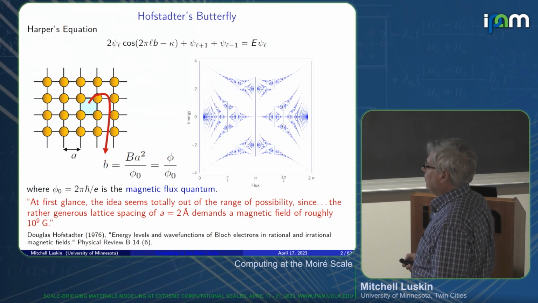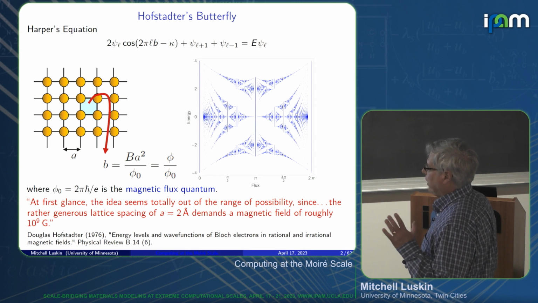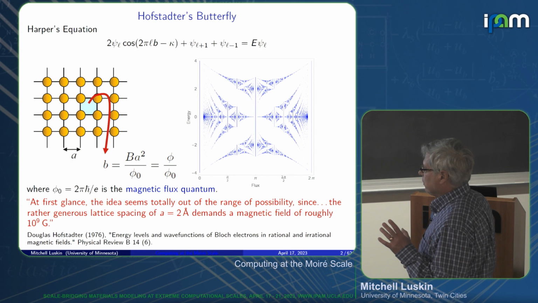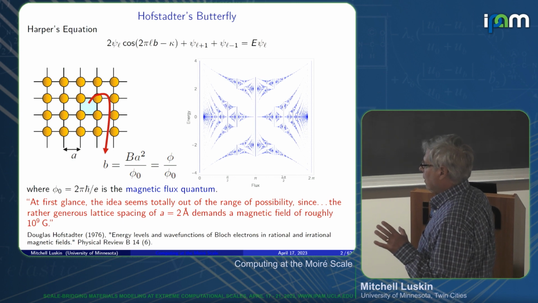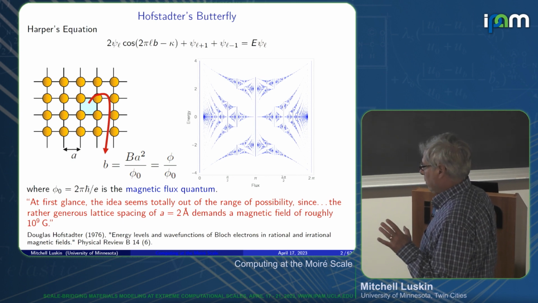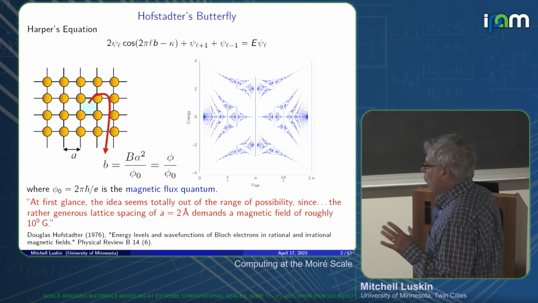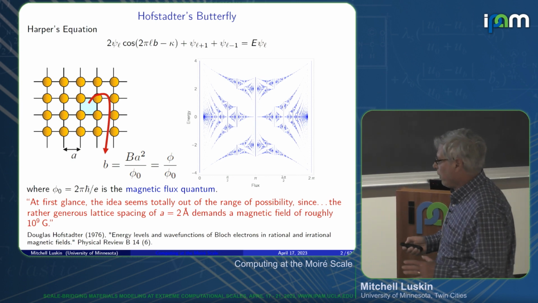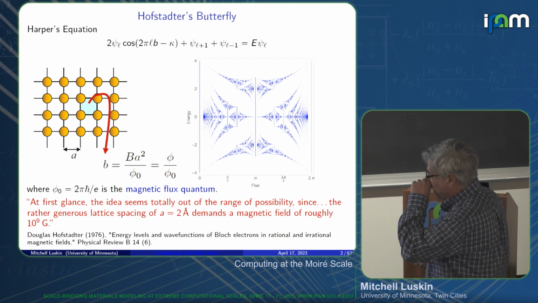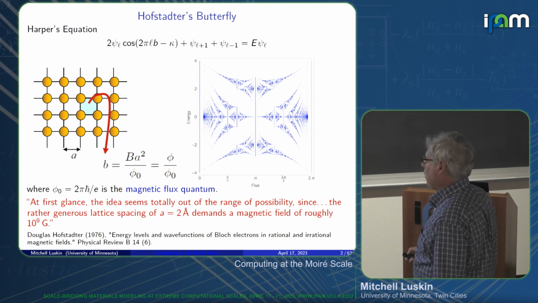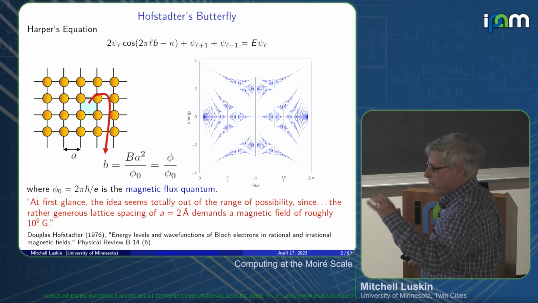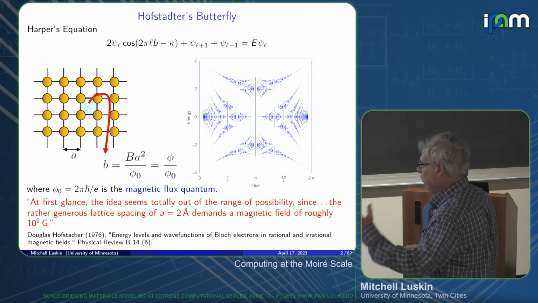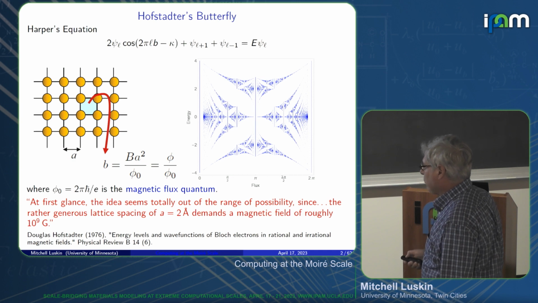So the flux is magnetic field B. And the important thing is there's a length scale A. I want to argue about that in a bit. So BA squared is your flux, right? It's magnetic field times area. And then you normalize it by something called the magnetic flux quantum that appears in all the various quantum Hall and all these things.